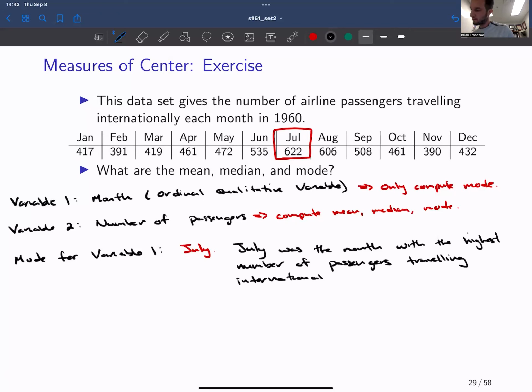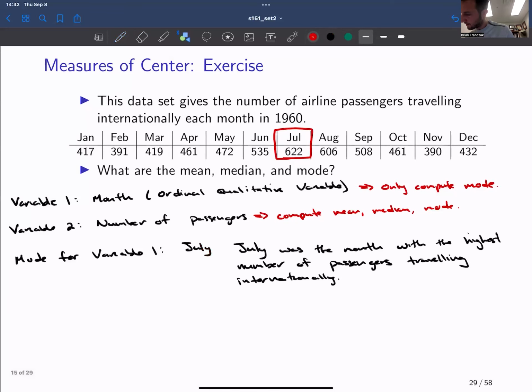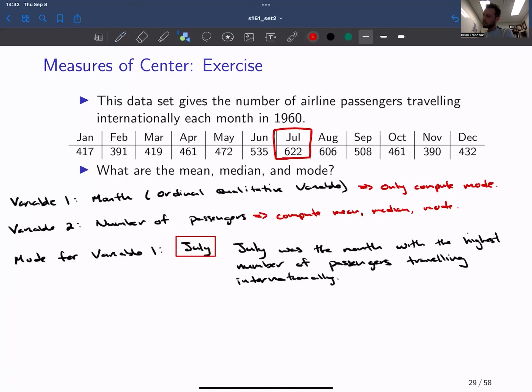I'm just going to fix this up here. Okay, so the modal month is July. And then this over here would be our interpretation of this value.